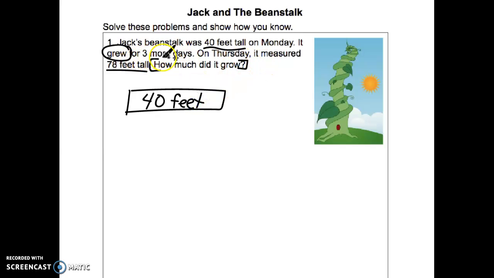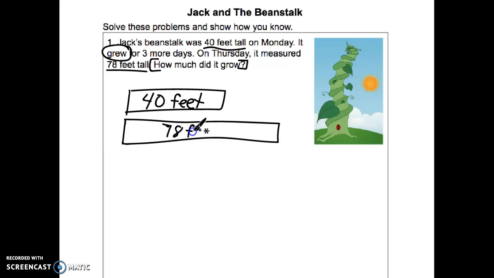It grew for 3 more days. On Thursday, it measured 78 feet tall. So we know that that is the total, 78 feet. So our unknown is this little part right here.